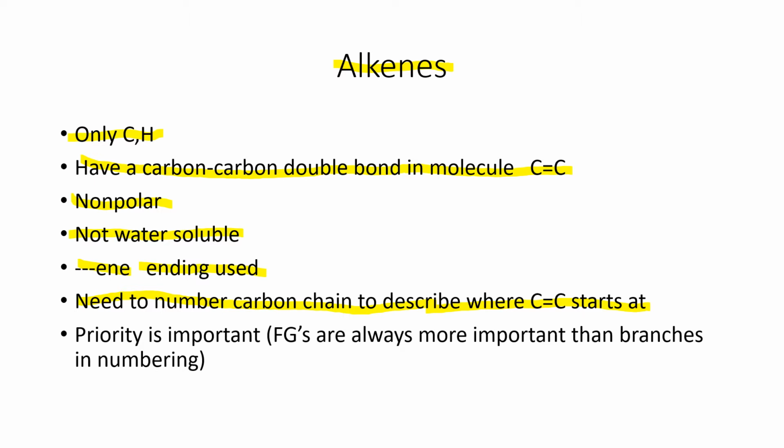Like for the alkenes, we're going to have carbon-carbon double bonds, but in addition, there's also going to be branches. We need to know which is more important, and priority ends up being important. What we're going to see for the alkenes and the other functional groups is that the functional groups are always more important than the branches when we're doing our numbering system. And we'll see these play out in some of the examples that we're going to do with our alkenes.